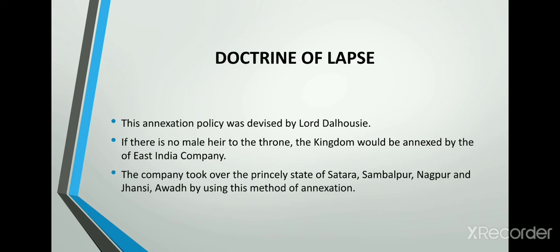The doctrine declared that if an Indian ruler died without a male heir, his kingdom would lapse, that is, it would become a part of the company territory. So, one kingdom after another was annexed simply by applying this doctrine. Some examples of annexed territories are Satara, Sambalpur, Udaipur, Nagpur and Jhansi.